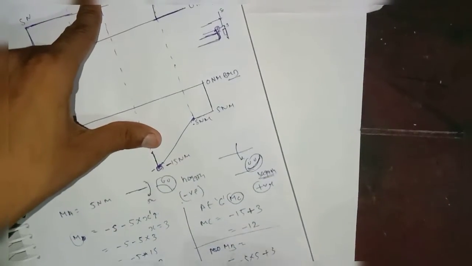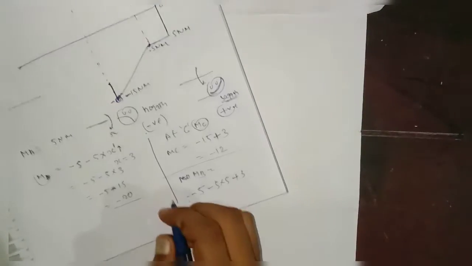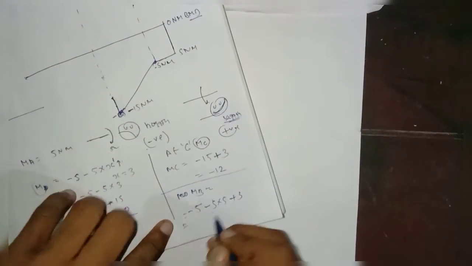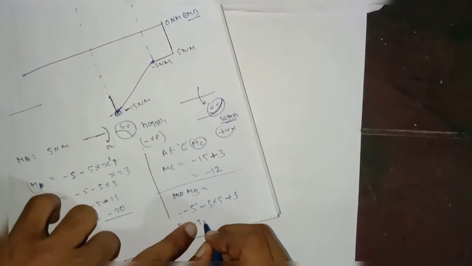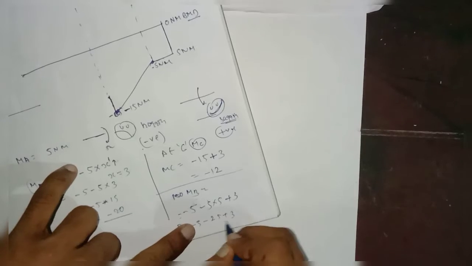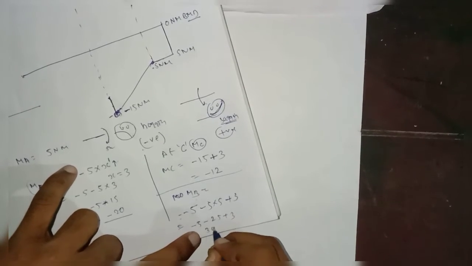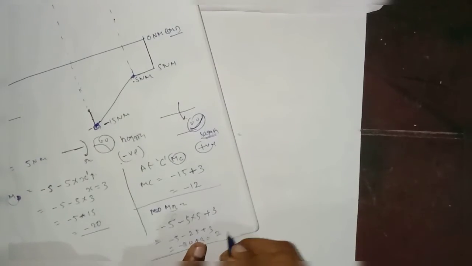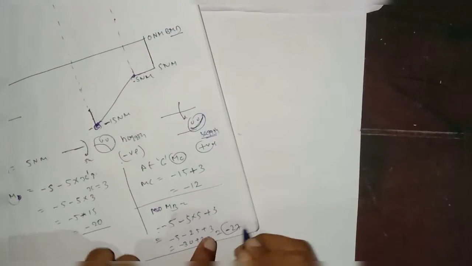So plus 3. At point B, the moment I'm going to find is nothing but minus 5 minus 25 plus 3, so how much is it, minus 30 plus 3, which is nothing but minus 27.